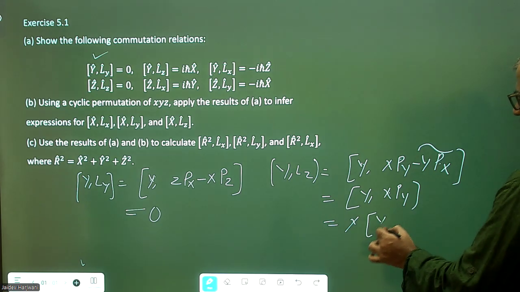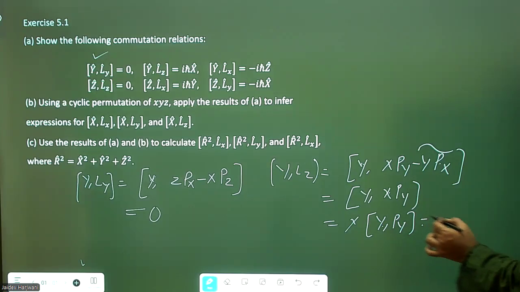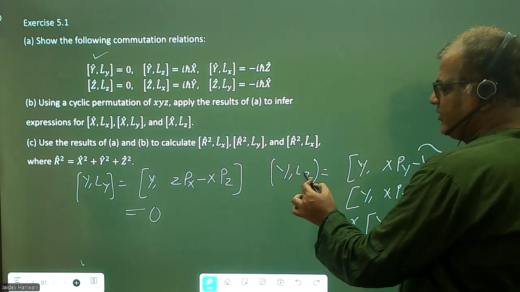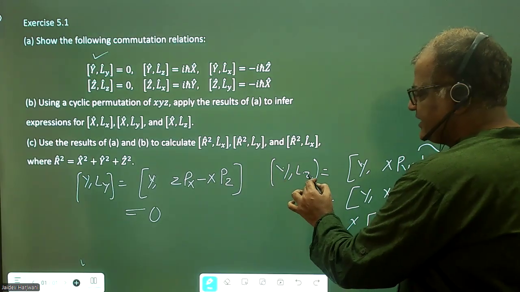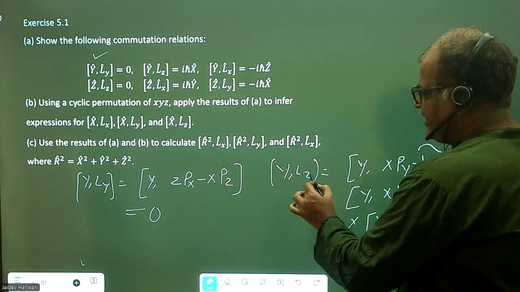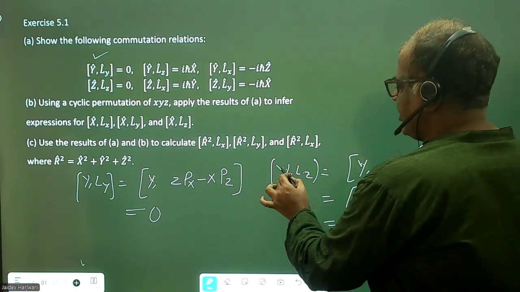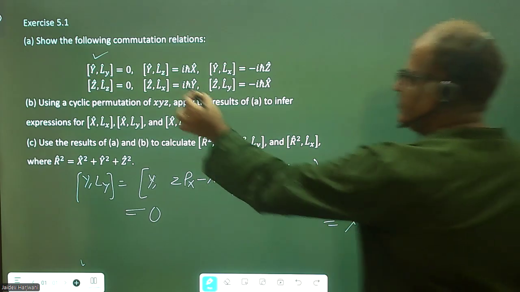So you have only y, py left, and y, py gives you iota h cut x. So position operator with angular momentum operator, you get again a position operator. So y, Lz gives x. If x, y is there, you get z. Only you have to see the sign: because they are in order y to z, you get a positive sign.